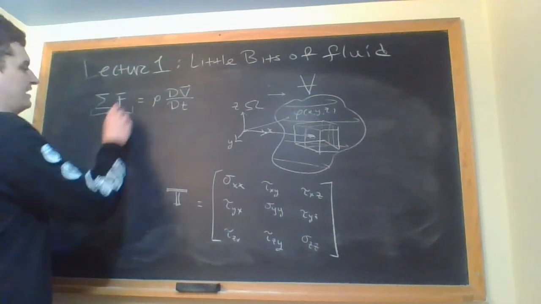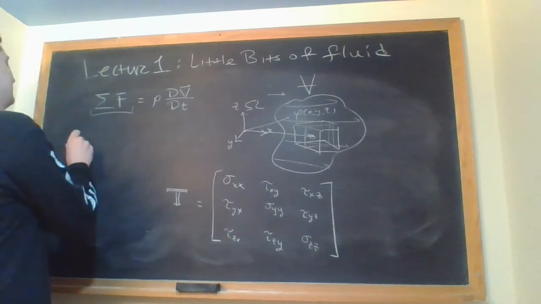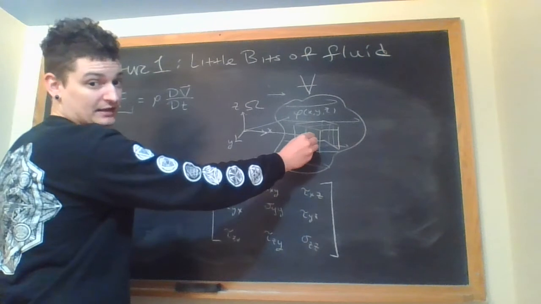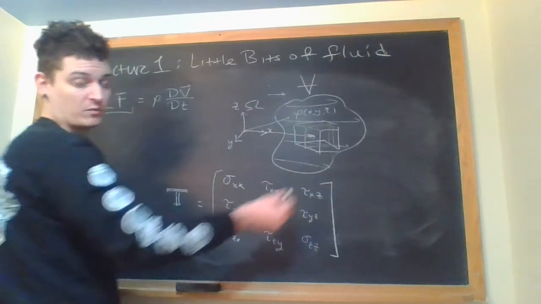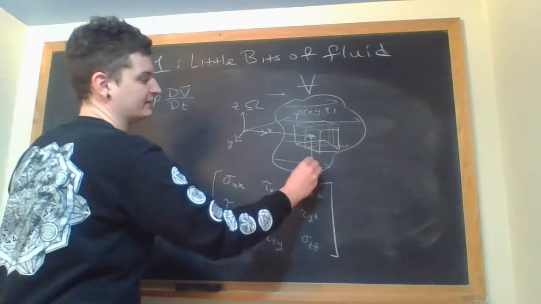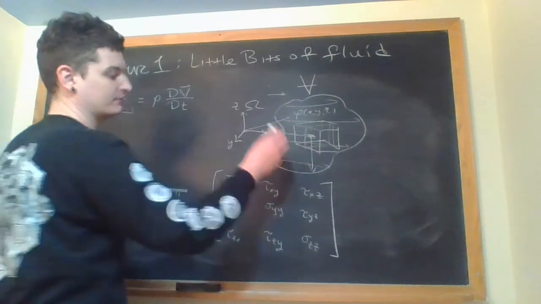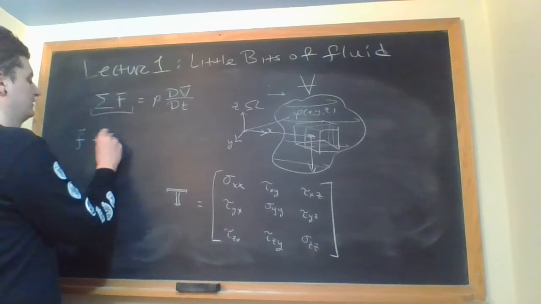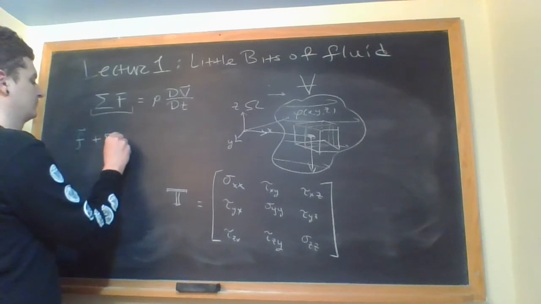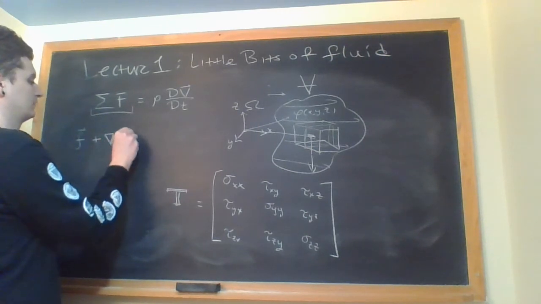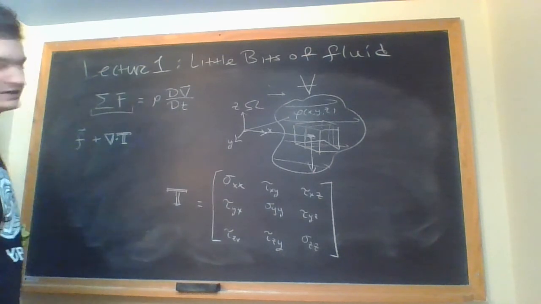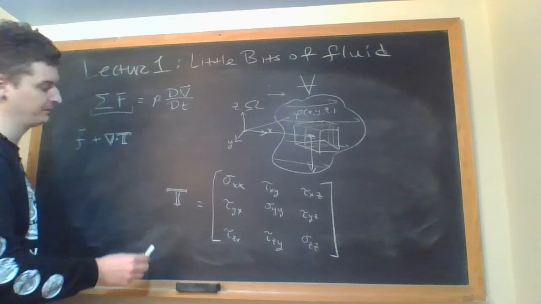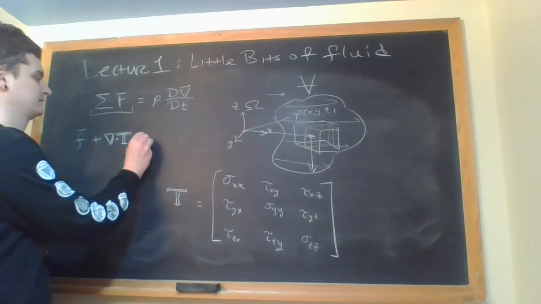Now we have some understanding of this, because this is actually going to be body forces, which act on the center of mass of all these for every single point in the body of fluid. So that's something like gravity at every single point of fluid will work like this. And then you have this other term, which is the divergence, because it's all derivatives of every single component of the Cauchy stress tensor.